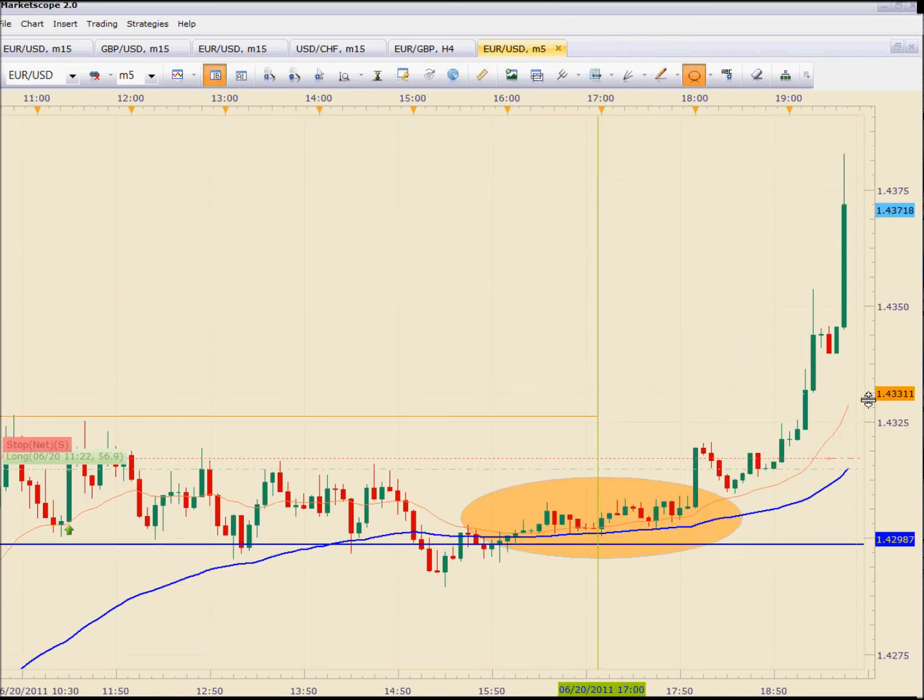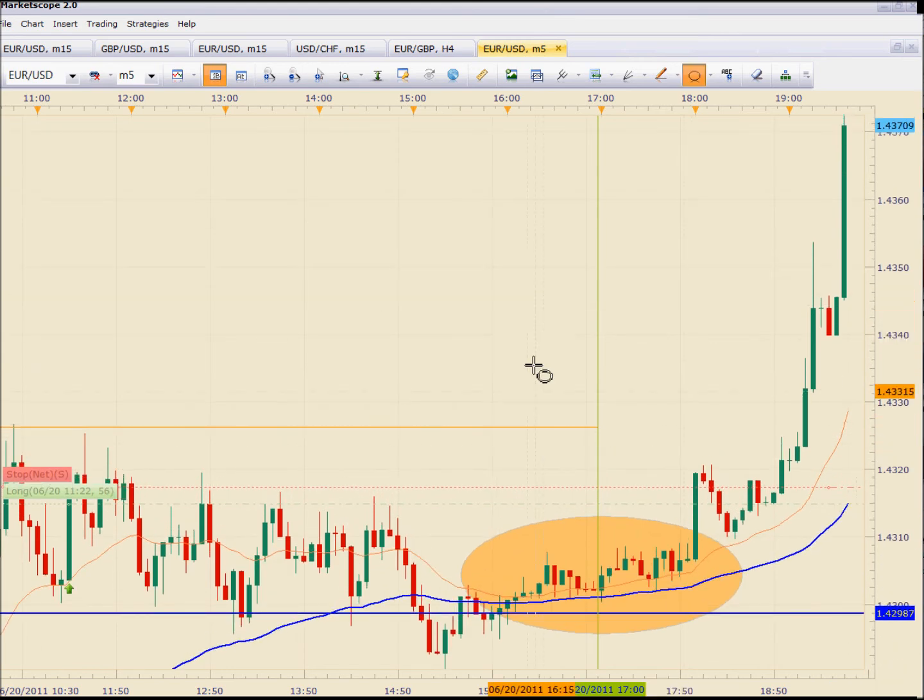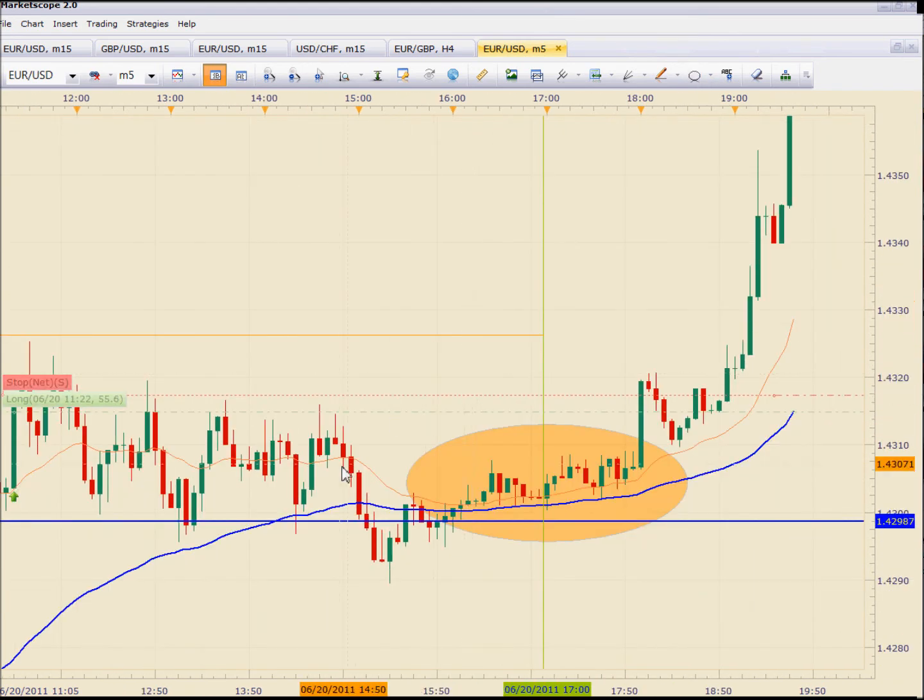All I need to see on the smaller time frame is this kind of movement here. We have a high and then a higher high. After we make this high here above the weekly close, I look to see another higher high, and we get that right here.